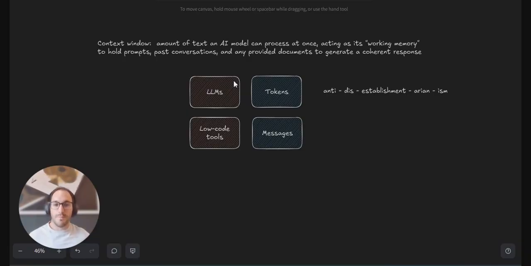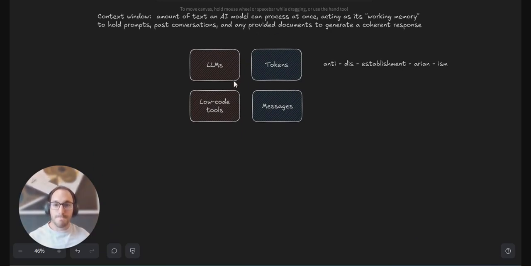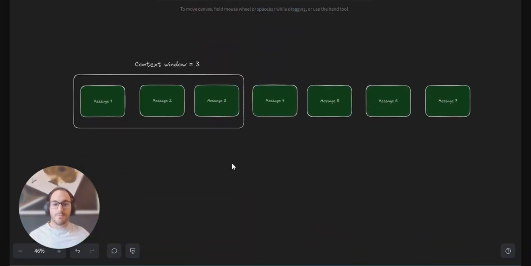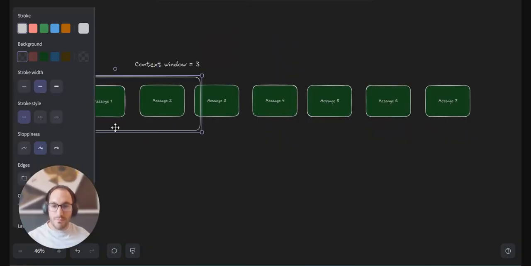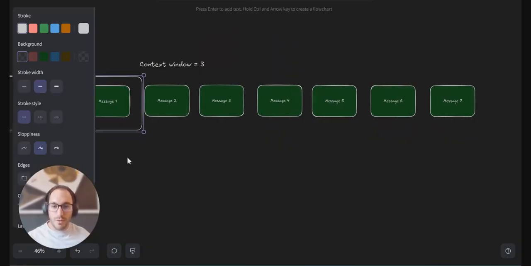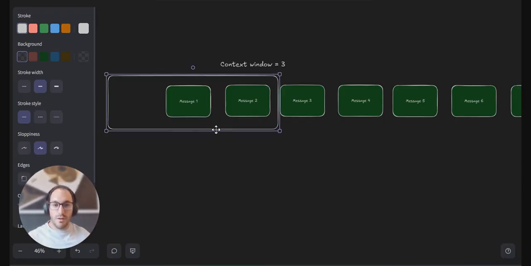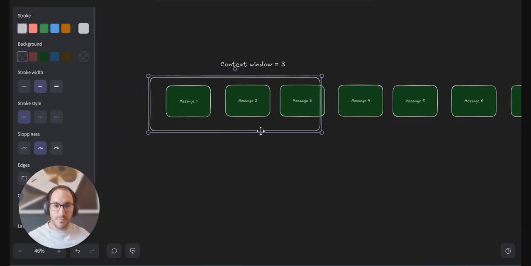Luckily for people using low code or no code tools, it's just based off of messages. I'll show you how this works in the context of one of these low code tools, but first I want to give you an example of what these context windows are. Let's say you start a conversation with your LLM and you say, I had oatmeal for breakfast and a sandwich for lunch and tacos for dinner.